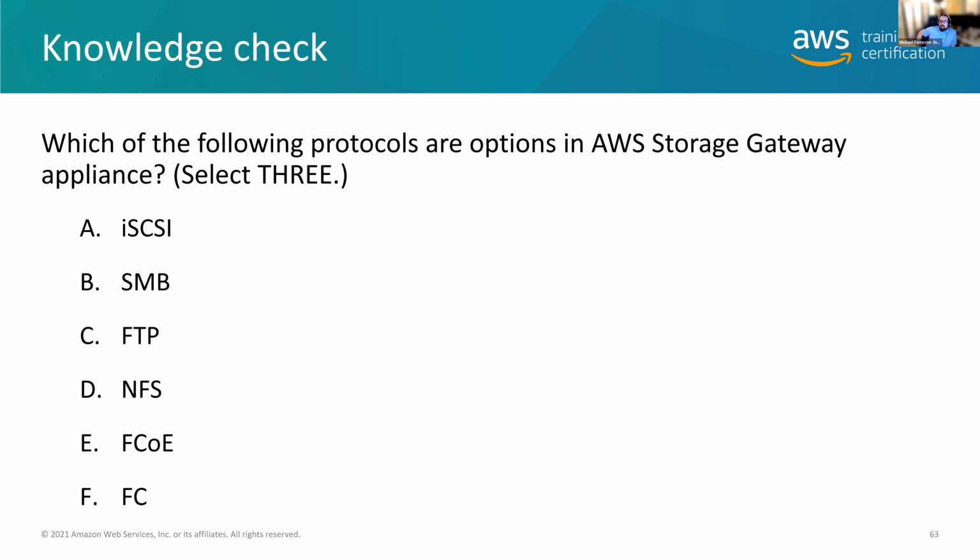So iSCSI for volume and for tape library, and then SMB and NFS for file server sharing, right? Just know that FTP, the file transfer protocol, is only with S3. Fibre Channel over Ethernet and Fibre Channel are low-level protocols, and Amazon does not offer those, as far as I know, in any version of anything. I'm sure they're using them, but they don't offer them as a service.